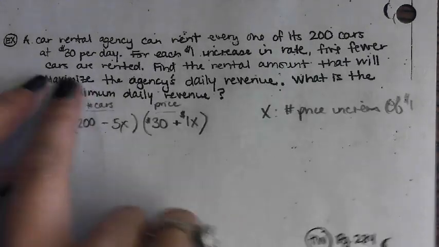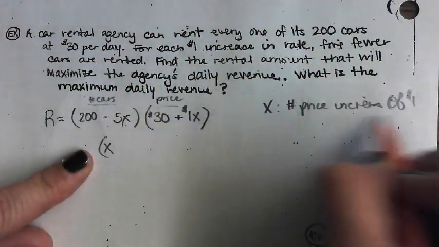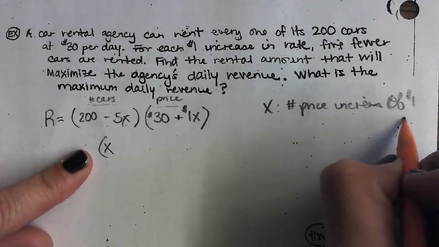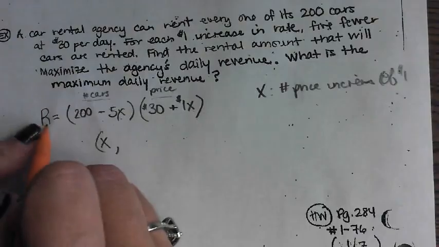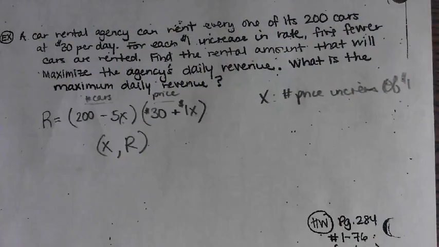So before we do that, I want to be clear that the x coordinate is going to stand for the number of price increases we undergo, and the y coordinate is going to be the revenue that is brought in under that condition. Does this make sense?